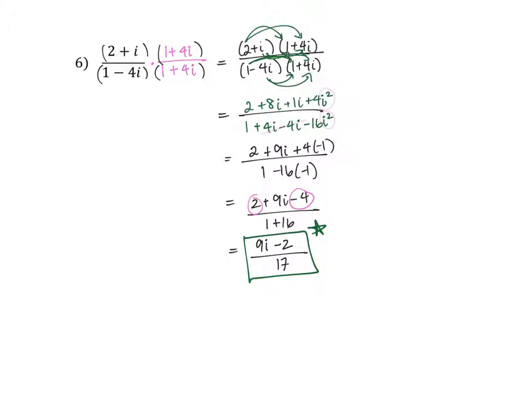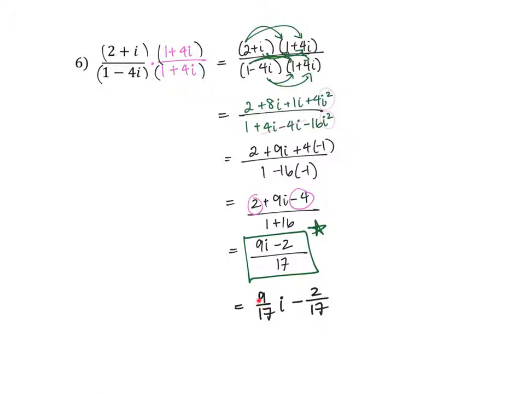So in this problem here, this would be the final answer. You could also try to reduce the top and bottom, but I don't think this one's reducible. Let's try. So you would take the 17 and divide both terms by 17, and you can write that as a fraction. So 9 divided by 17i minus 2 over 17.